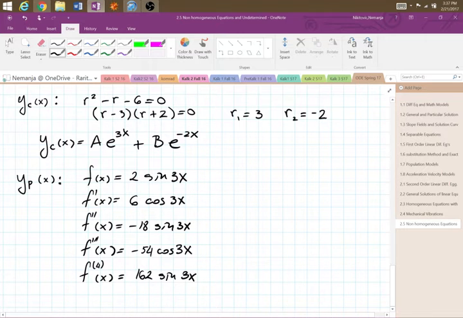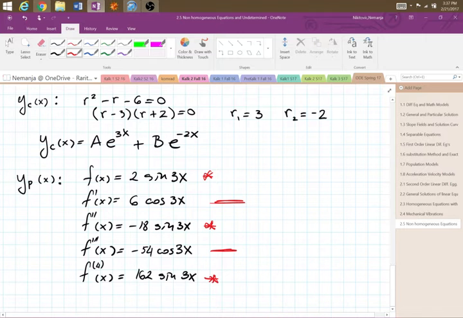Now, this is way too much. I didn't have to do this many, but I wanted you guys to see that there's the sine, and there's the sine, and they're constantly just having a different coefficient in front, but sine 3x is always the same. And the same is happening with all the cosines.